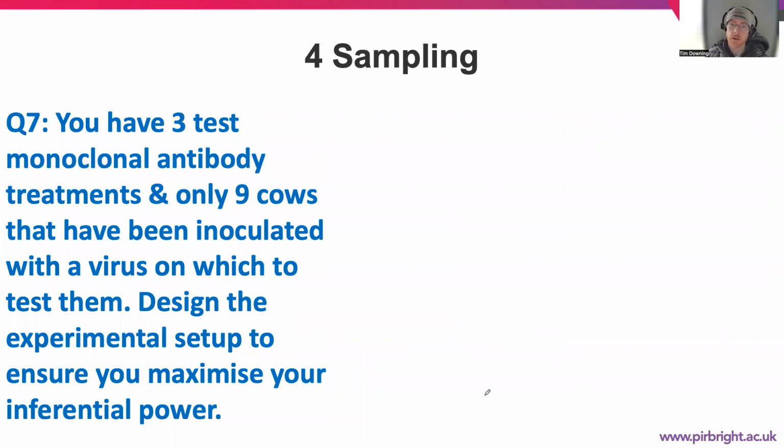So let's also think about this question where you have 3 monoclonal antibody treatments and 9 cows to be inoculated with them. So you can think about lots of variables here. So this is maybe a question that has no end to it really. But you can think about how you might set up this kind of treatment if you have 9 cows.